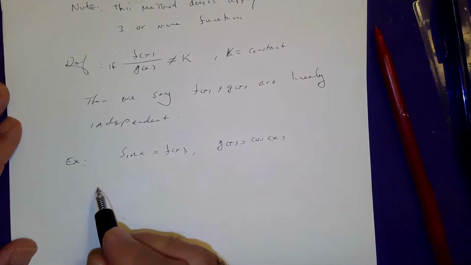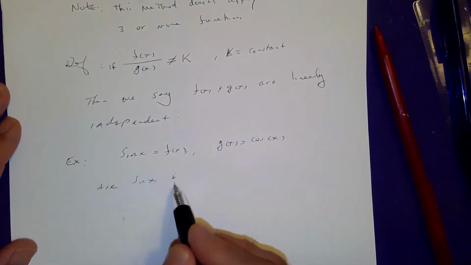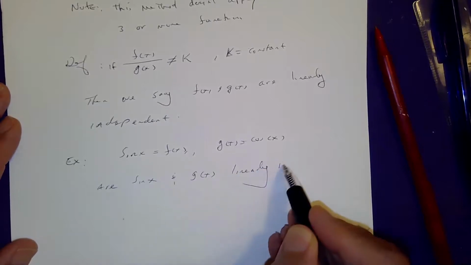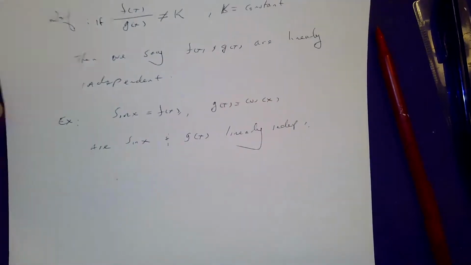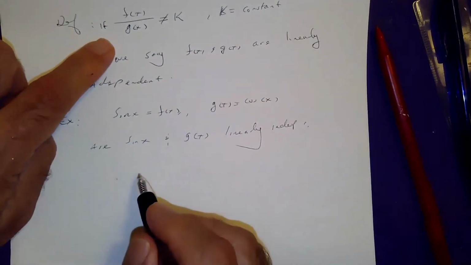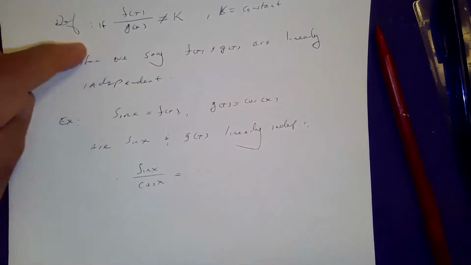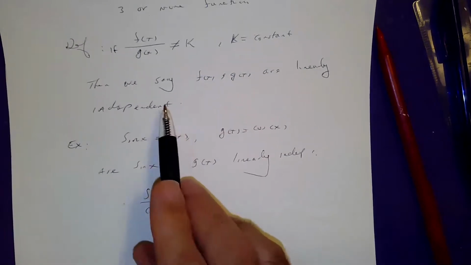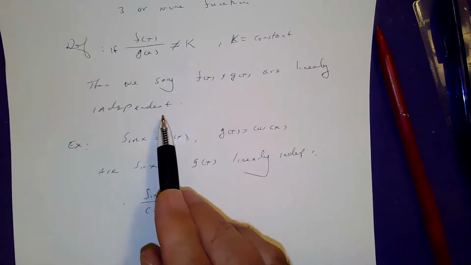Question, are sine of x and cosine of x linearly independent? Well, the procedure is to take the quotient of these two functions and see if you get a constant. If you get a constant, they are linearly dependent. If you don't get a constant, they are linearly independent.